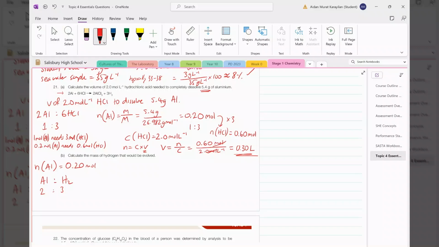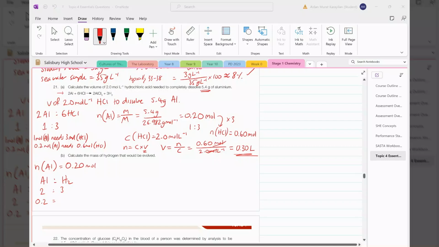So, however many number of moles of aluminium we have, we're going to end up with a 1.5 times greater number of H2. So that means 0.2 of these is going to be equal to 0.3, which is 1.5 times.